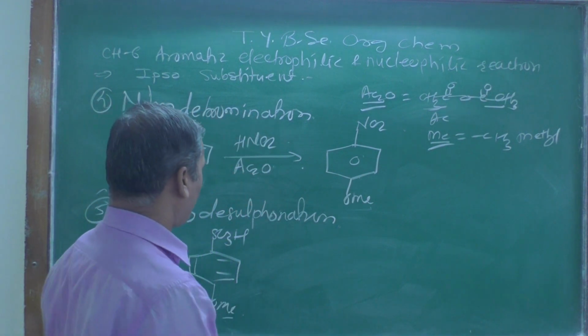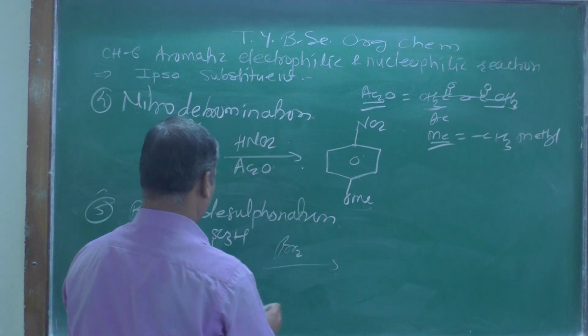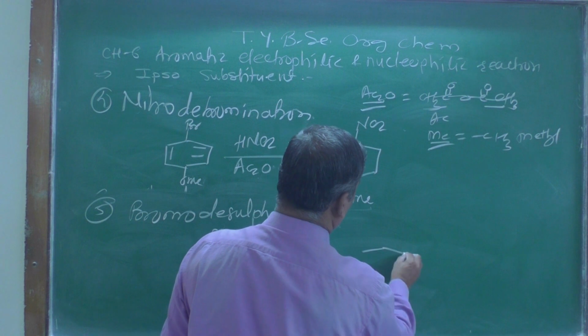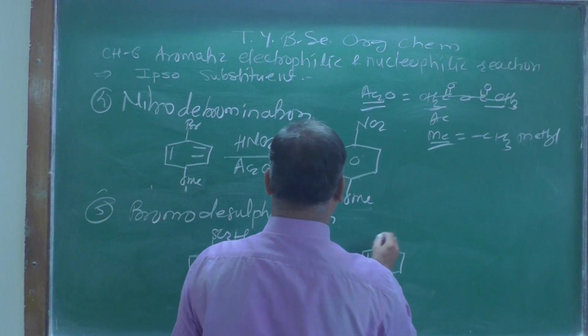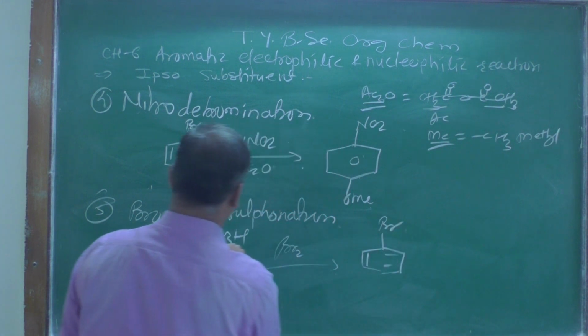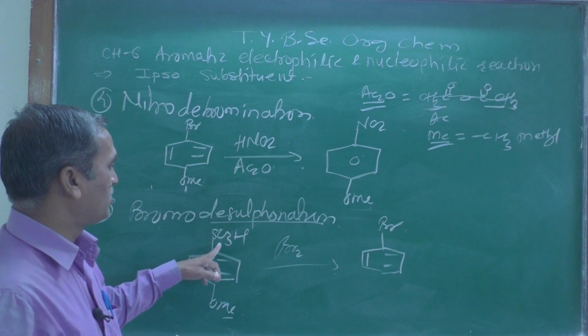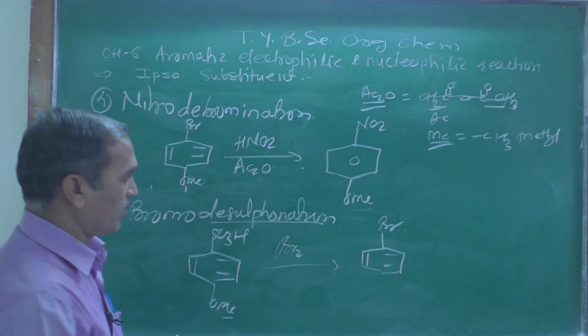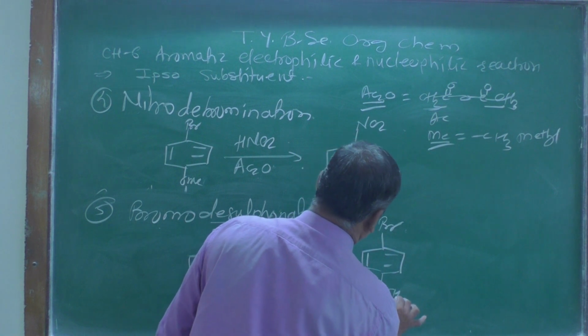And when this compound is treated with bromine, it produces this type of product. Here Br is coming, that is bromo-desulfonation. Desulfonation means removal of the sulfonic group, and we are getting this type of product.